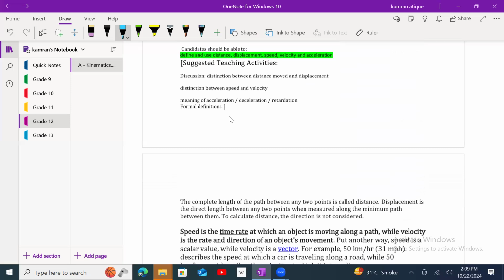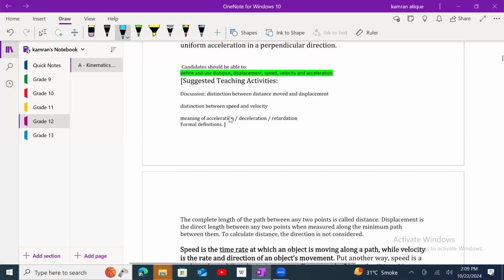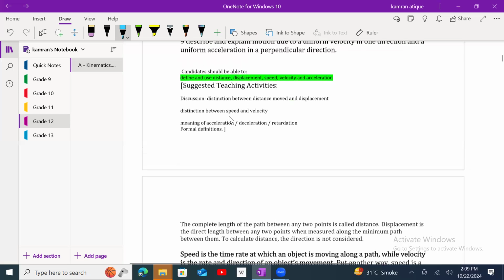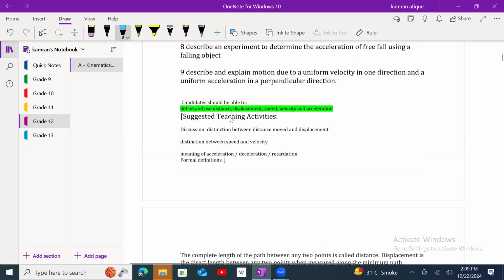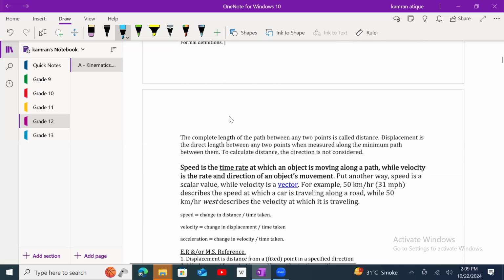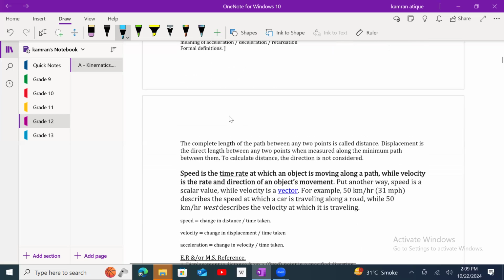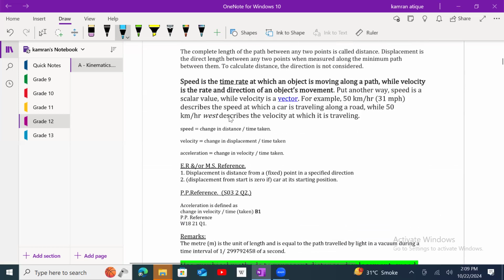The very first important definition asked of us by our syllabus is the definition of distance and displacement. As you can read from the screen, the complete length of the path between any 2 points is called distance.